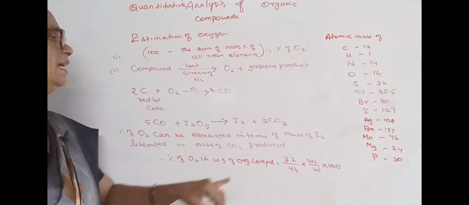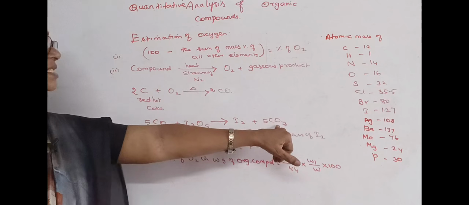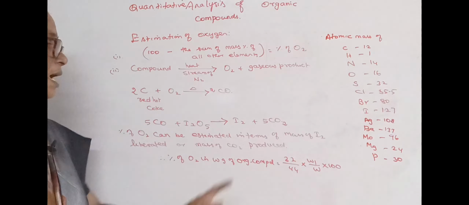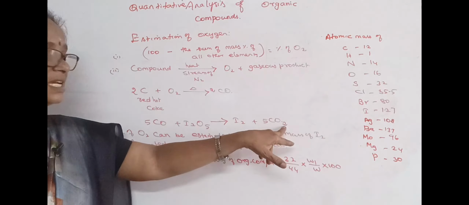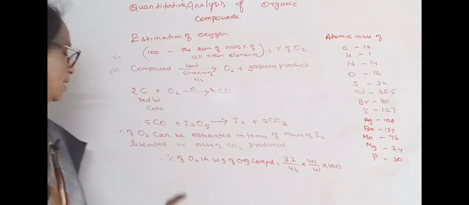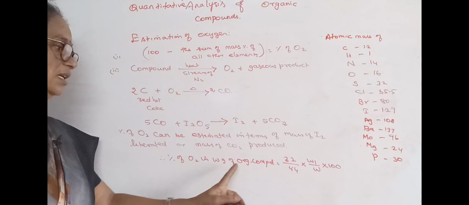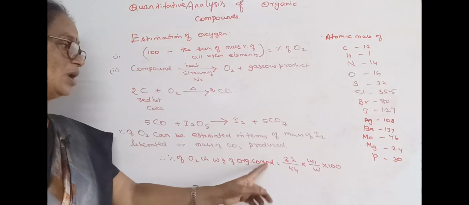Let us take the estimation of oxygen in terms of carbon dioxide. Carbon dioxide mass is 44, in which oxygen is 32 gram. Therefore, the percentage of oxygen in W gram of organic compound is 32 by 44 into the mass of carbon dioxide produced, by the mass of organic compound, into 100.